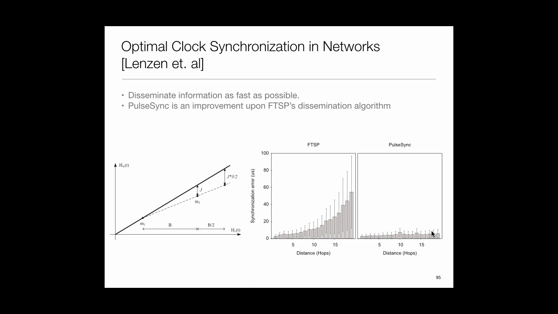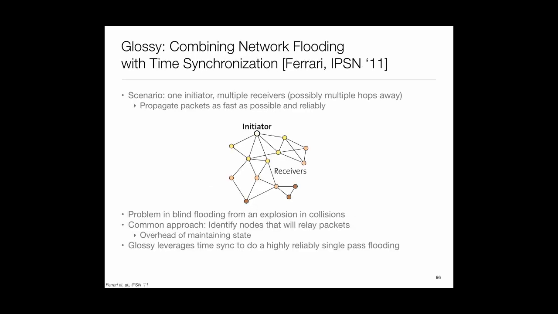So the point out here was there are more recent innovations that people have been doing. One which I wanted to talk about a bit more was the Glossy work, again out of Europe 3 years ago, as you can see, and what they did was they combined time synchronization with flooding.